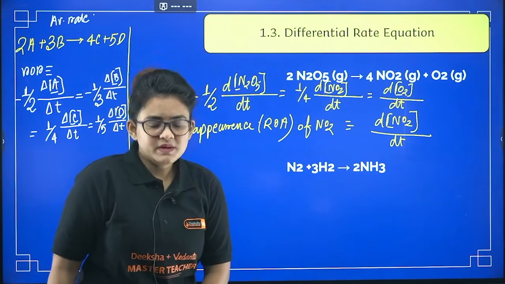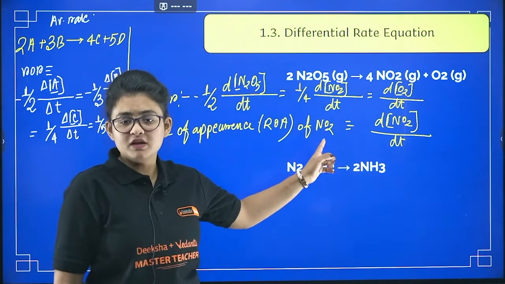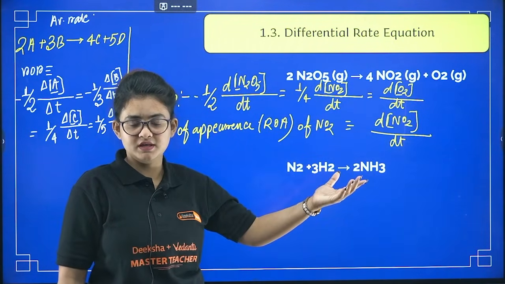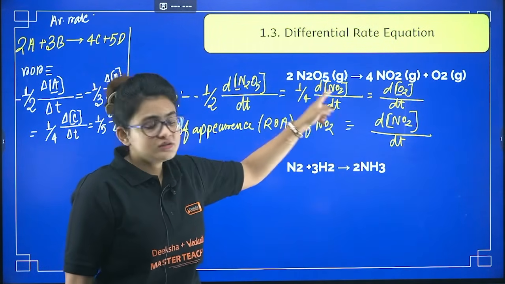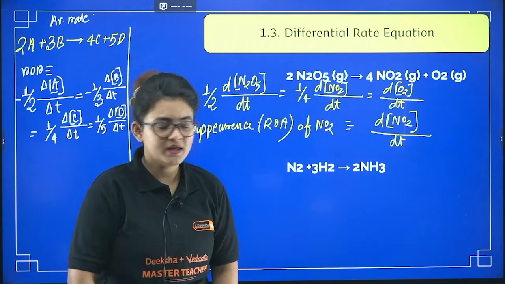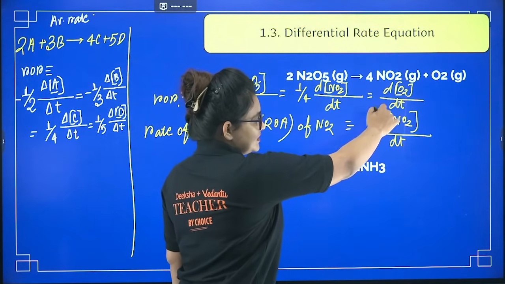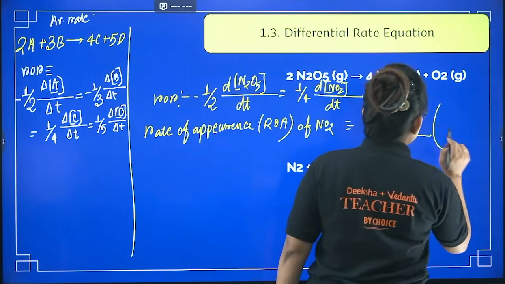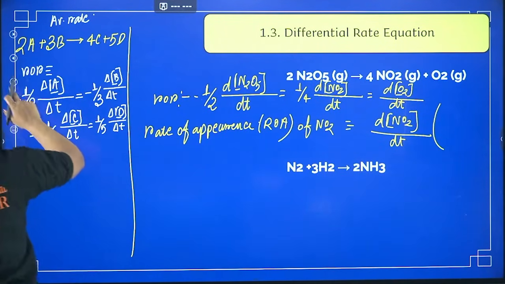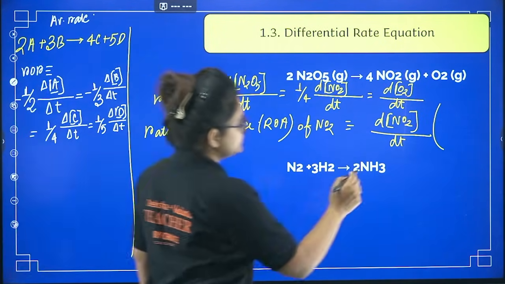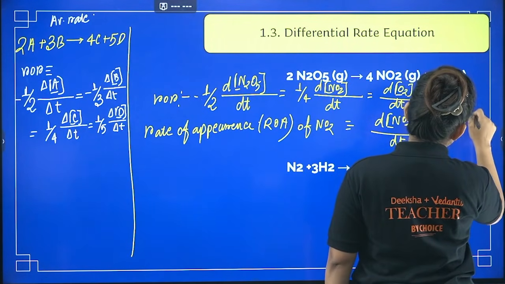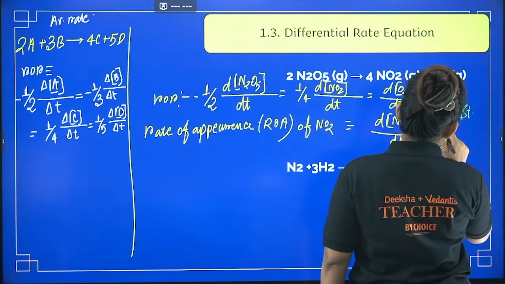Remember, whenever you are finding out rate of appearance or rate of disappearance of something, don't put the stoichiometry. Only the change in concentration with respect to change in time. So what you have to remember, no stoichiometry should be there.